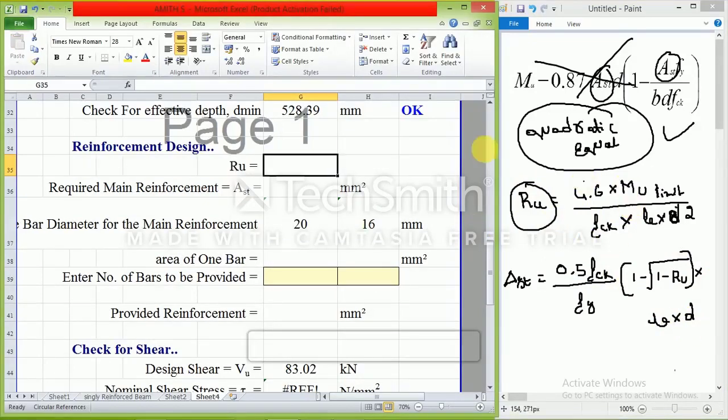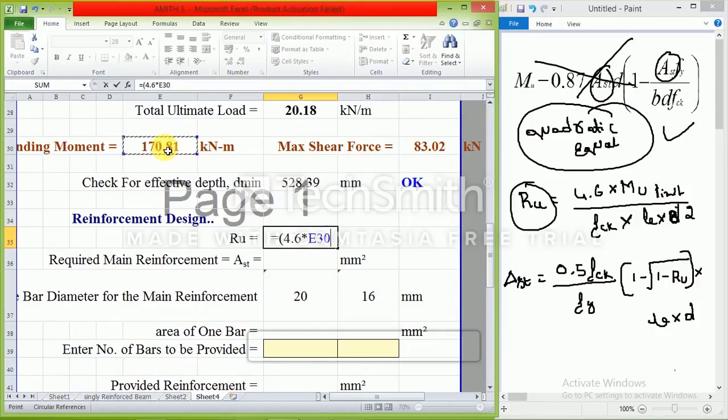Okay, now without wasting the time, we will apply it directly here. I know you came to know what is the concept, everything. So I am just applying here, which is equal to 4.6 into Mu limit, that is the maximum bending moment. Maximum bending moment is this one. I am entering it here. Before that, I will put one more bracket and I will enter one more bracket here. Okay, into 10 to the power 6. I am just converting the unit.